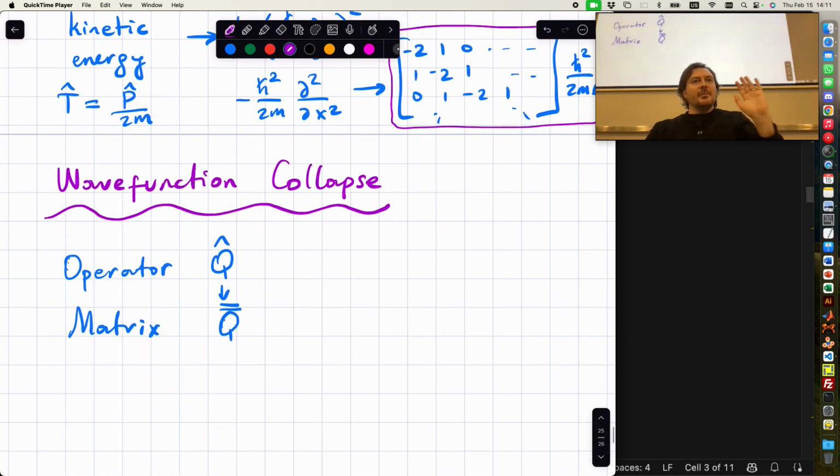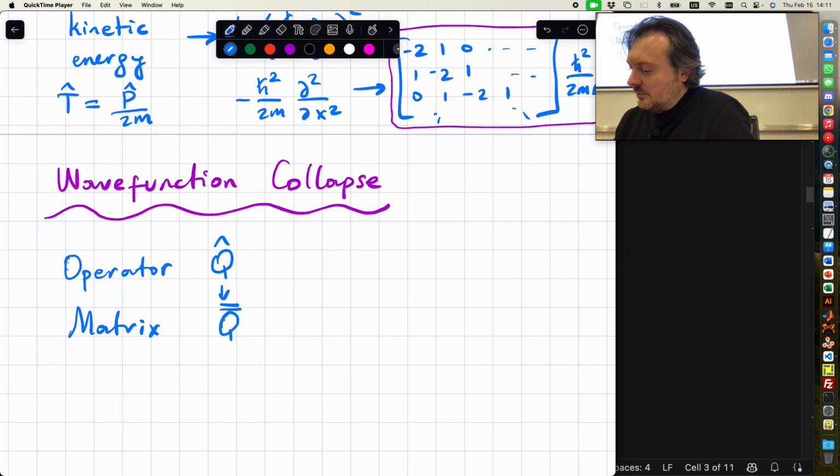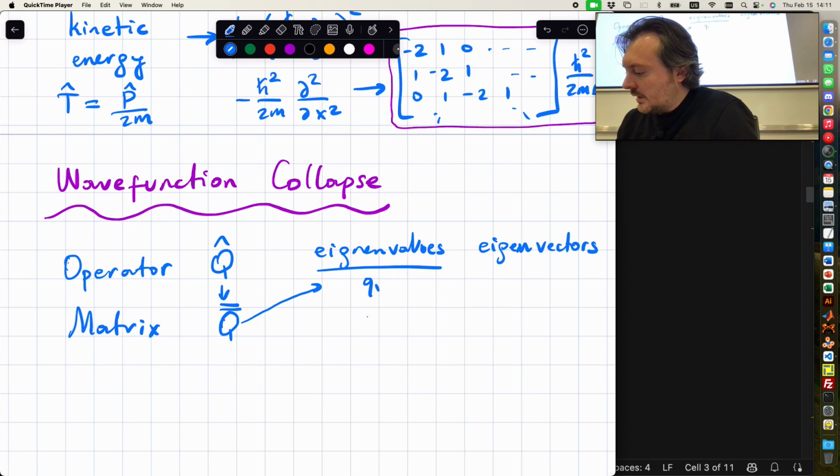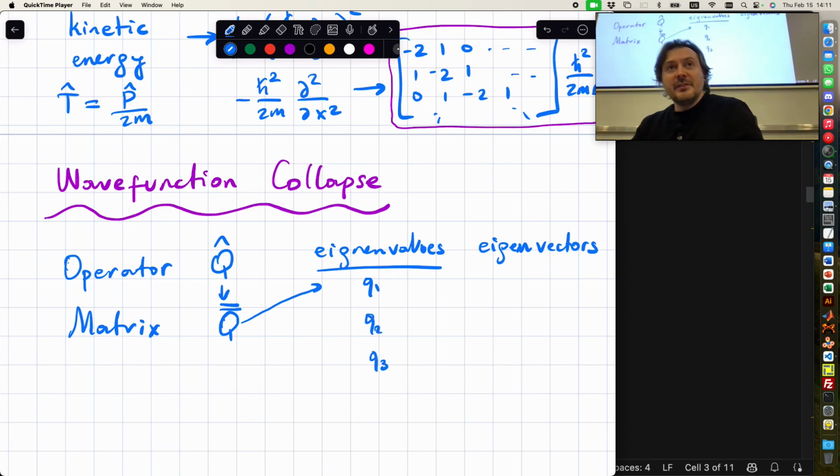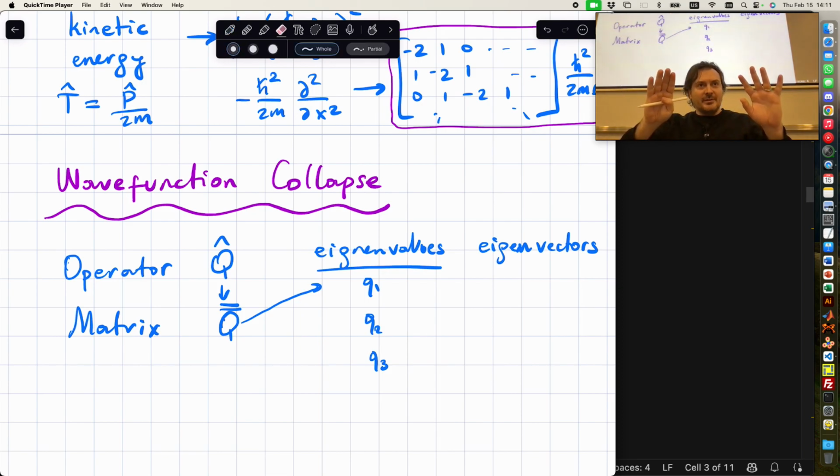So what do we know about Hermitian matrices? They have real eigenvalues and orthonormal eigenvectors. So this Q operator will have eigenvalues and eigenvectors. It will give you Q1, Q2, Q3, and they have nothing on top, no hat or bar, so they are numbers. They are actually outcomes of that experiment.